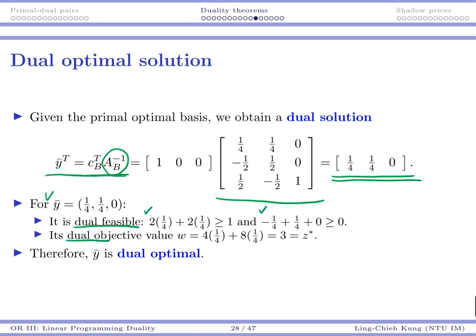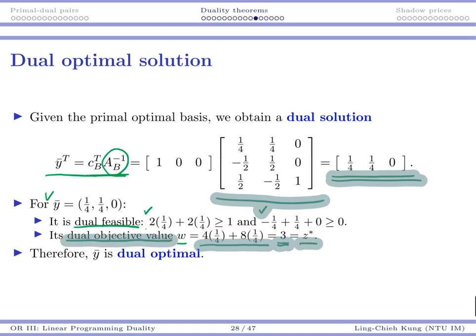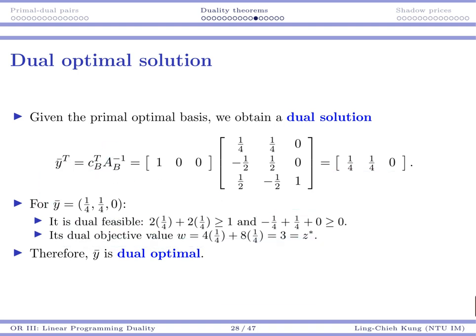And you may also see that its dual objective value, w, is going to be exactly 3, which is exactly z star. So this verifies that this y bar is indeed dual optimal, because it is dual feasible and its objective value equals the primal objective value.